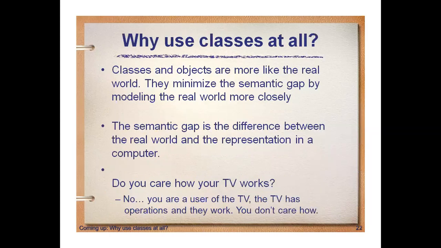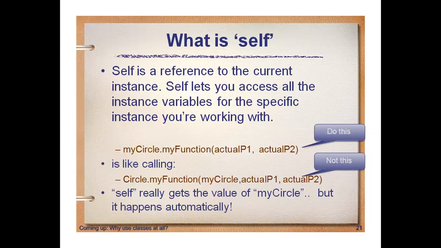So why do we use it at all? In the previous example, even if I do not pass the parameter name self here, the system will take it automatically. Now, as a good programmer, I should maintain the practice of always passing self from my function. My circle is the object through which I'm trying to access a method named my function.